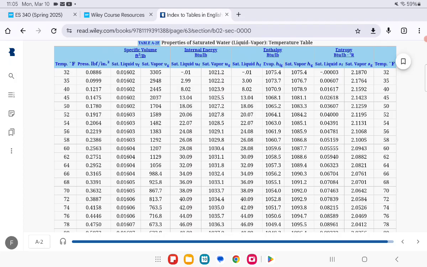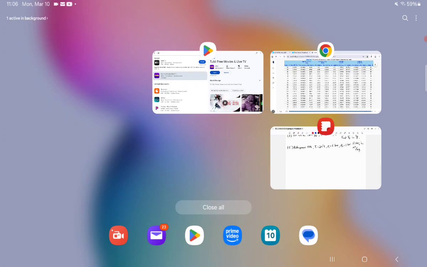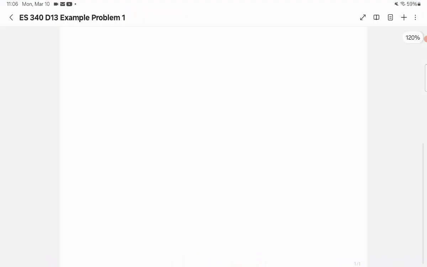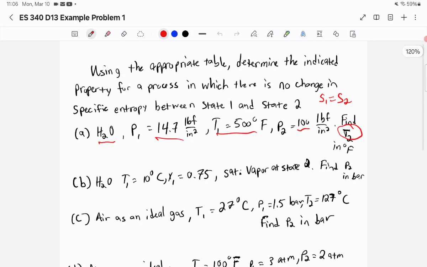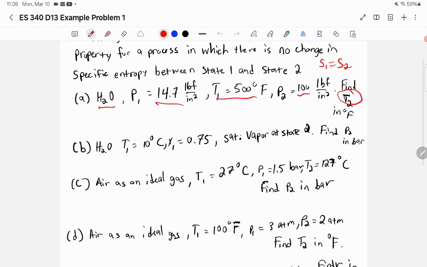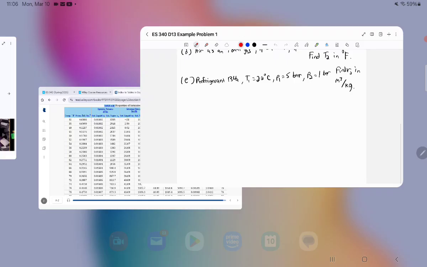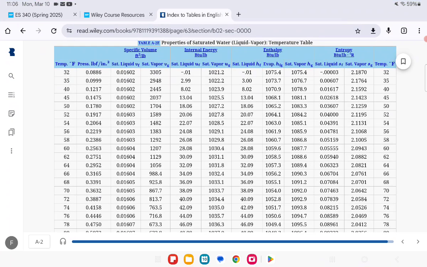I just have to remind myself of what the values were: a pressure of 14.7 and a temperature of 500 degrees Fahrenheit.